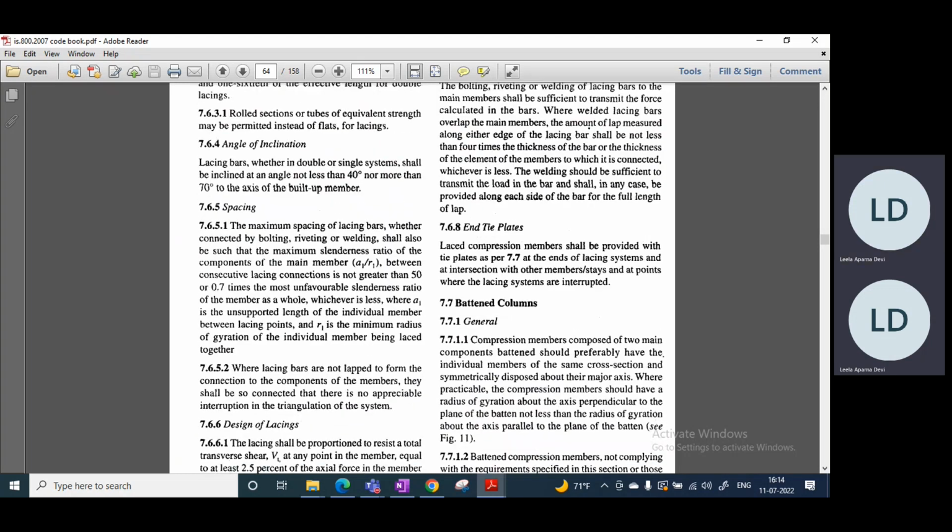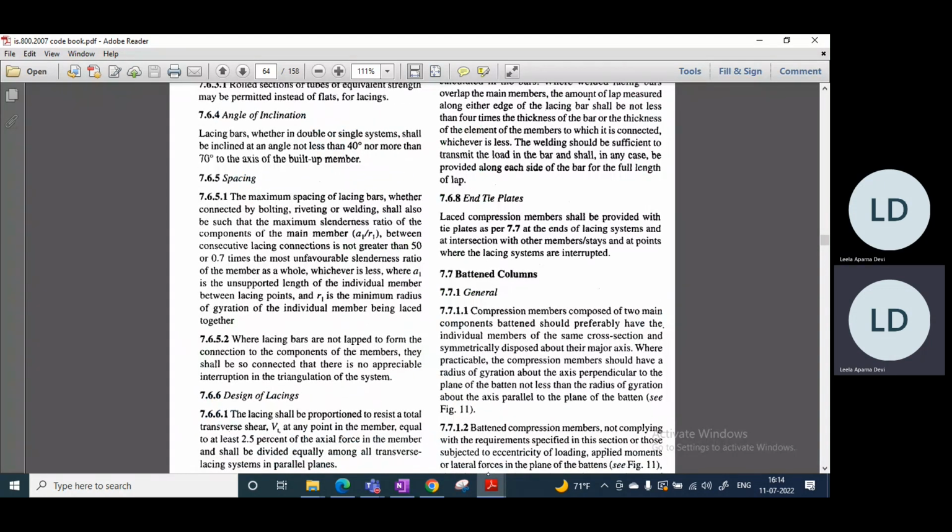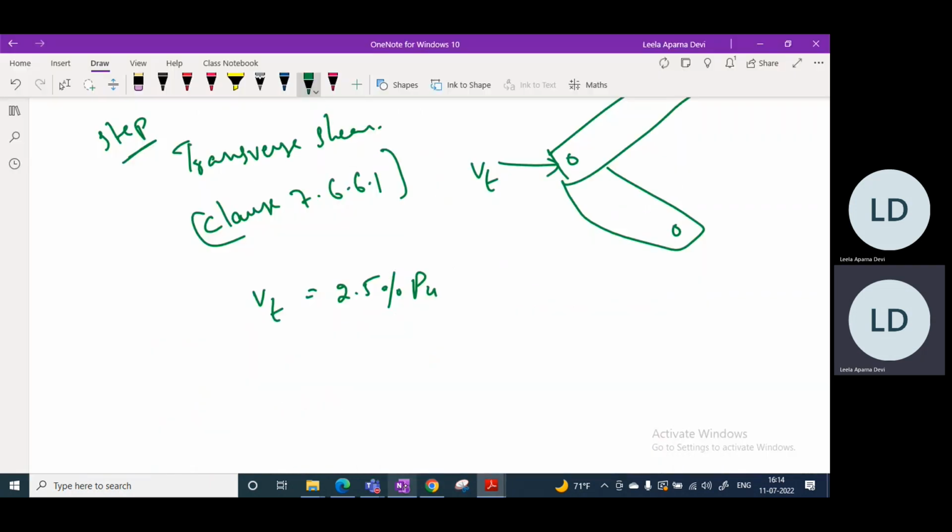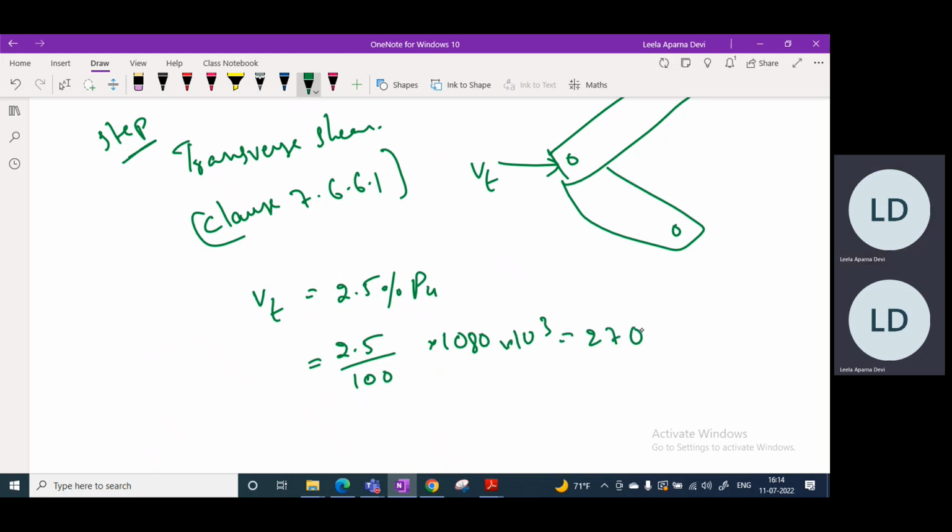You can read this. So this is 2.5 by 100 into 1080 into 10 cube, which equals 27,000 newtons.